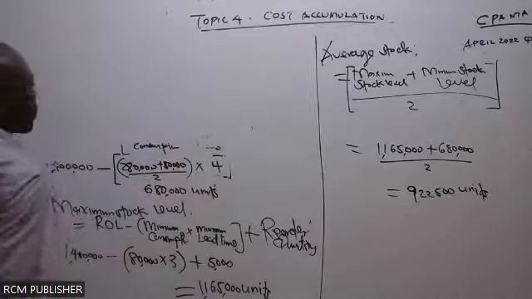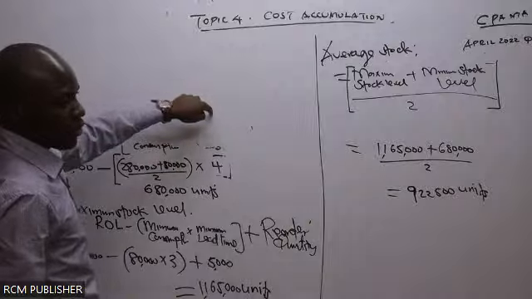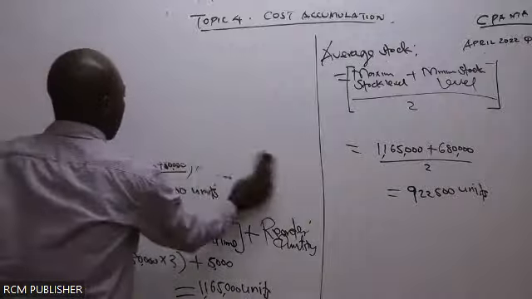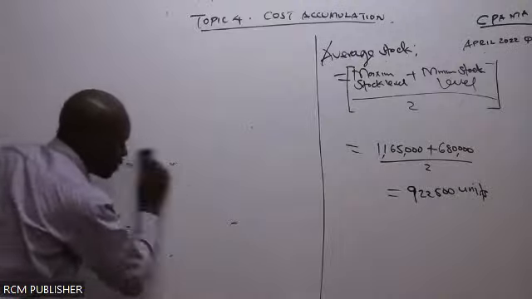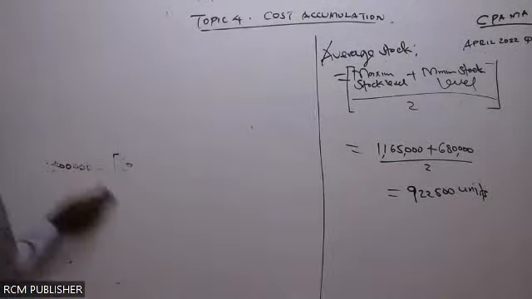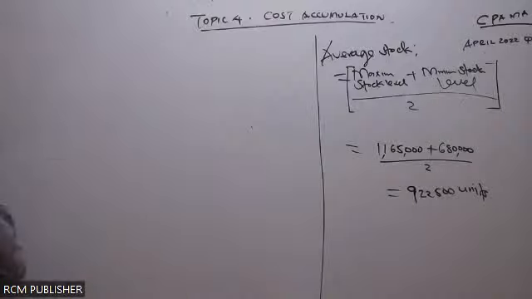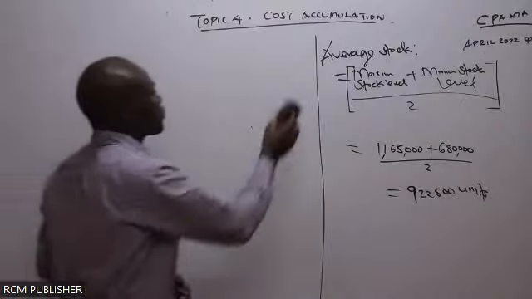And of course, we are going to use this same question. I think you've been able to see there's the portion of economic order quantity that is remaining. There's the portion of number of orders that is also remaining.